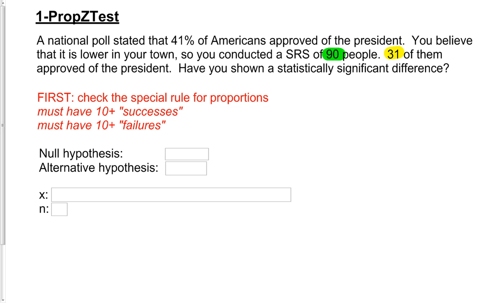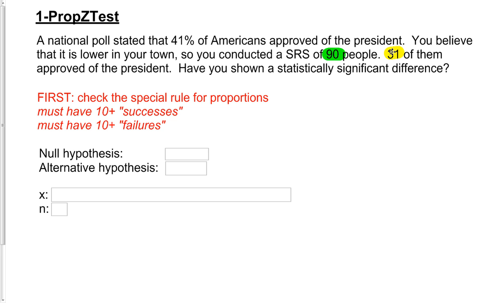Now, with 31 out of 90, what we're saying is that 31 people said yes, they did approve of the president, and the rest of them, which in this case would be 59 people, would not approve. So they would say no. So both of those numbers are at least 10. And that's what you're checking for.